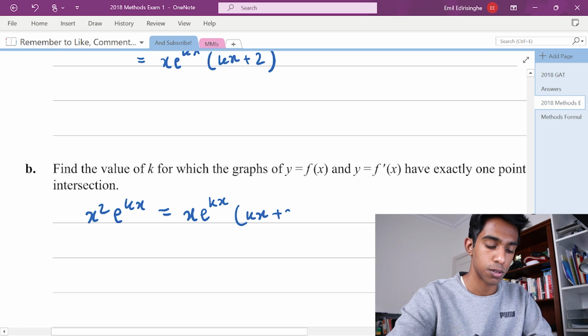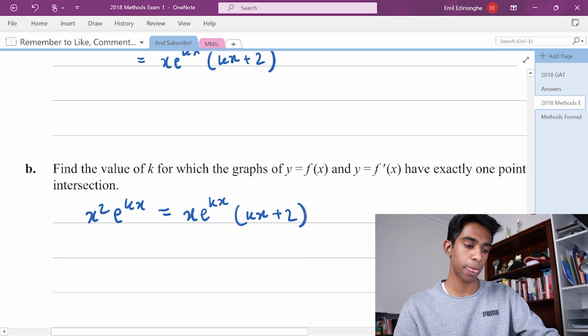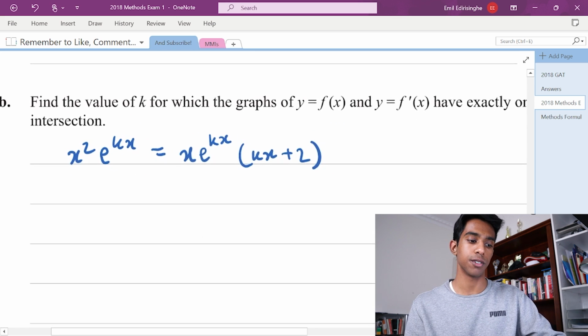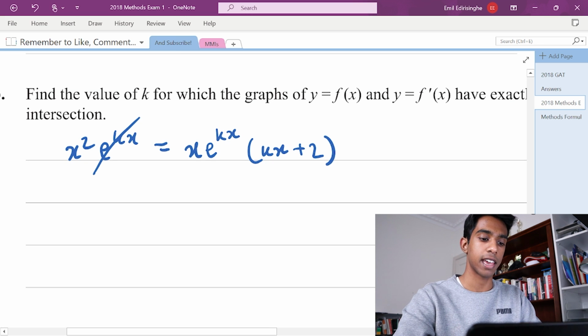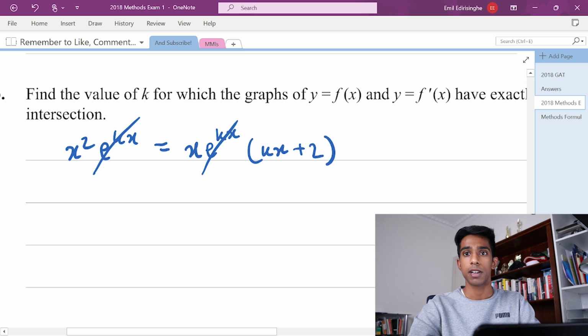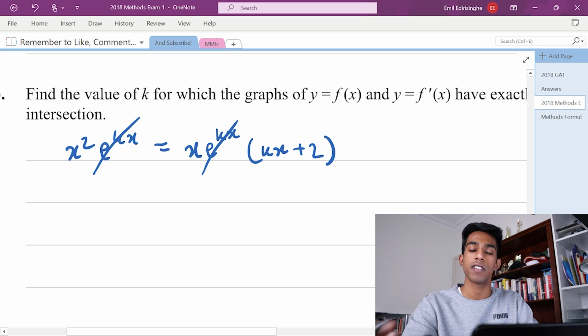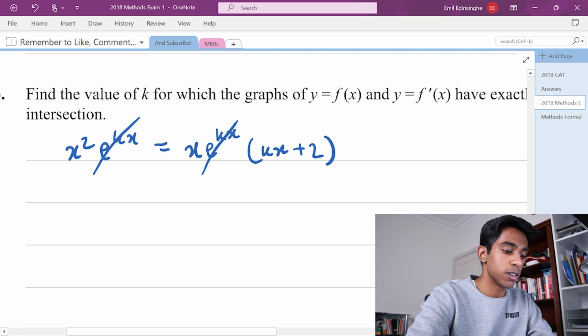(kx plus 2). Okay, so from here, what I can do is I know that I can actually cancel out e to the kx from these two equations, because I know that e to the power of anything will never equal 0. And in maths, you just can't divide by 0. So this is the only thing that we can actually cancel out. Now from this, I'll try to solve this equation.